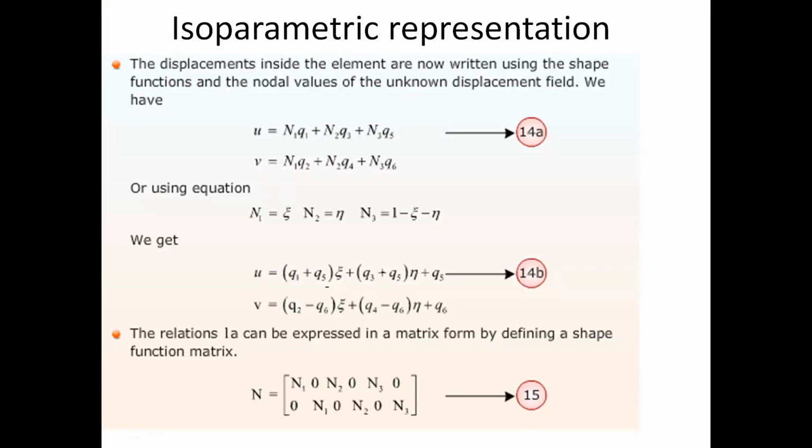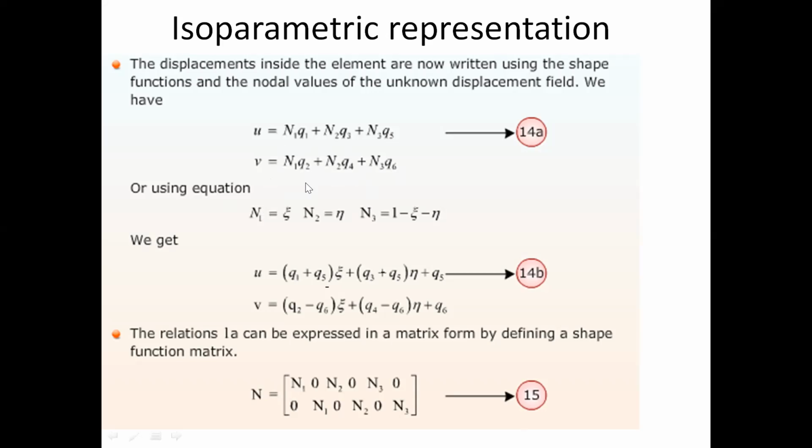In such a case, when you write displacement U, V in terms of xi, or N1, N2, N3, and x, y in terms of N1, N2, N3, you can expand equally. So if you see, U is written as summation N1 Q1 plus N2 Q3 plus N3 Q5. Similarly, V is N1 Q2 plus N2 Q4 plus N3 Q6.